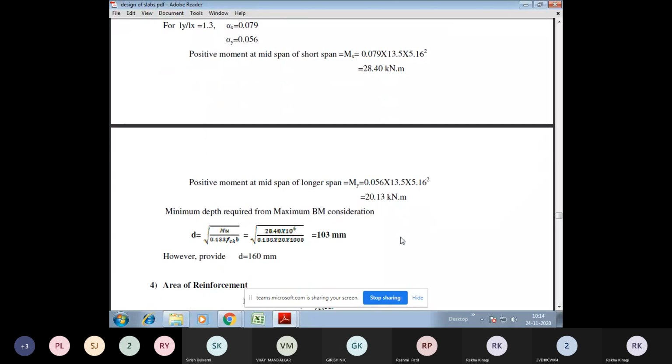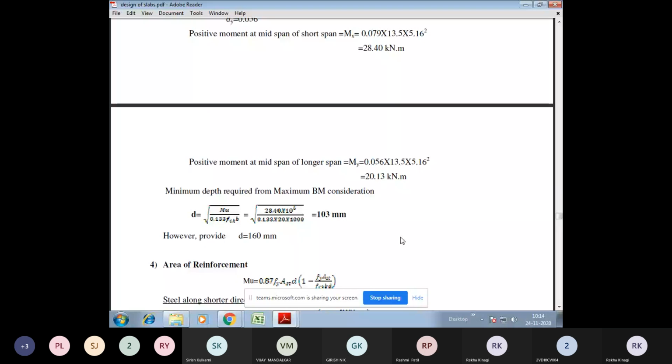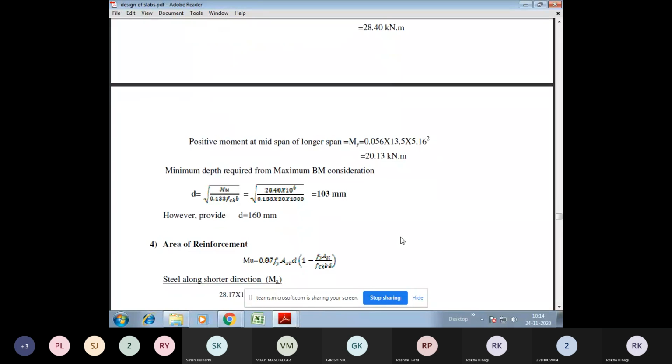And the next thing what we had calculated is we have checked whether the depth provided is sufficient or not. So in order to check for the depth provided, we had considered Mu is equal to Mu limit.